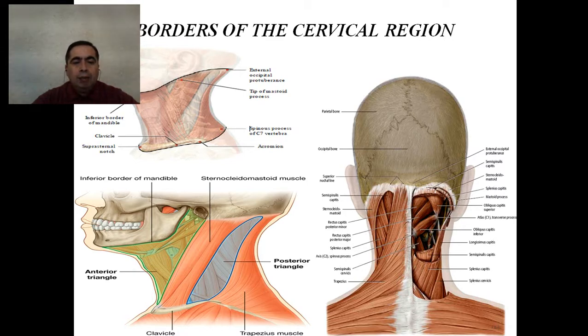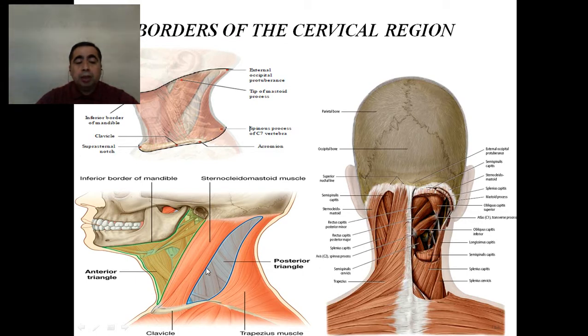And you have to know that the neck area anteriorly is divided by the sternocleidomastoid muscle into two triangles, the anterior or medial triangle and the posterior or lateral triangle.